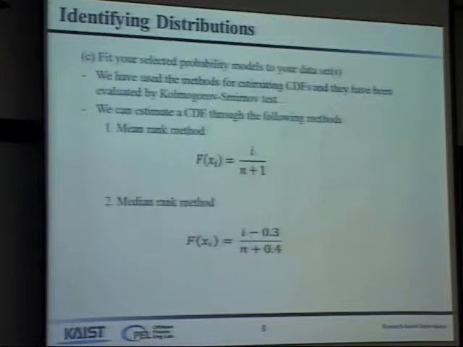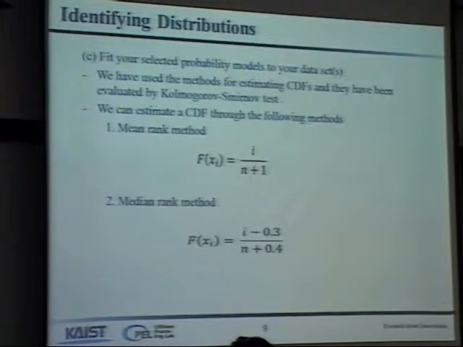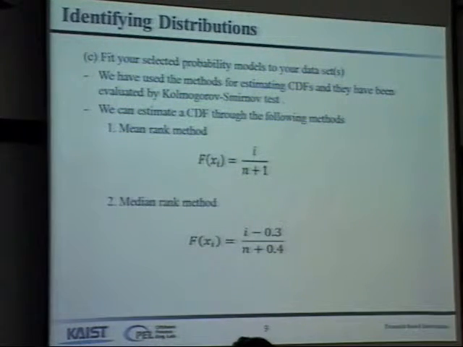In order to find the distribution of the data set, we have used methods for estimating cumulative distribution functions, and they have been evaluated by KS test. We can estimate the CDF through the following methods: mean rank method and median rank method.